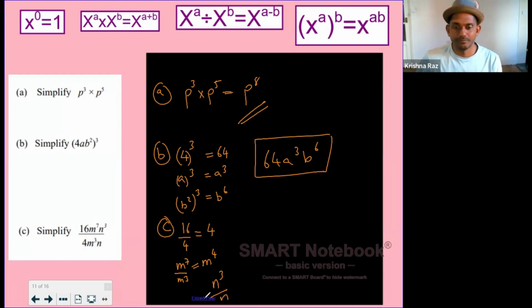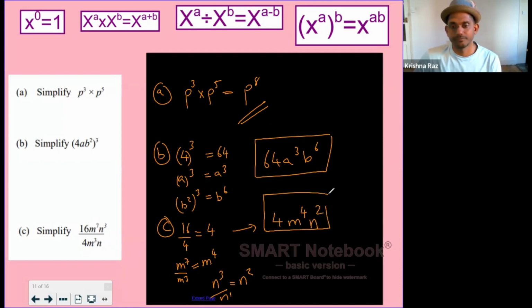Exactly, 1. So we end up with n to the power of 3 take 1, which is n squared. So the final answer for C will be 4 m to the power of 4 n squared. So just be careful in these situations where you think of that as n to the power of 1.